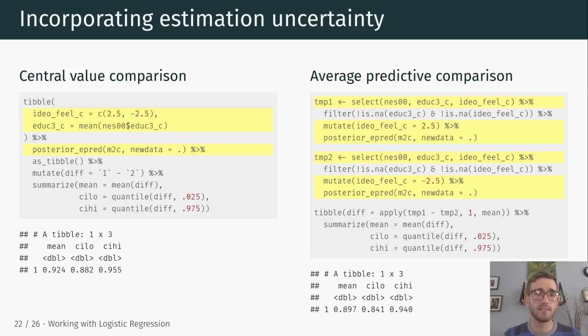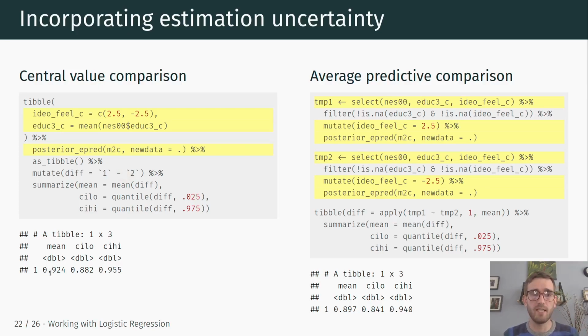Again, we're setting a set of values for our ideology measure, ranging from 2.5 to minus 2.5. And we're setting here a mean value, the expectation of our education measure. We take draws from our posterior distribution and compute the predicted probabilities and then compute the differences between both scenarios.